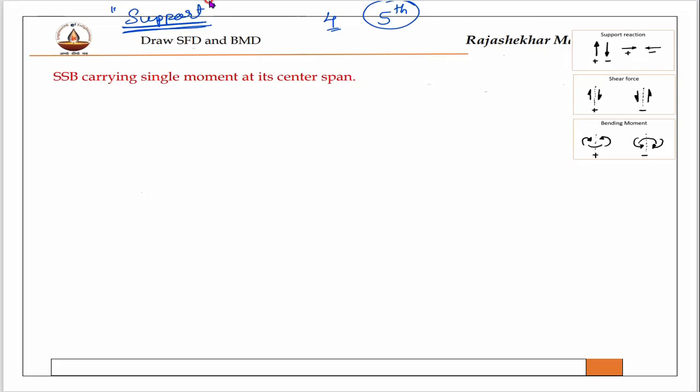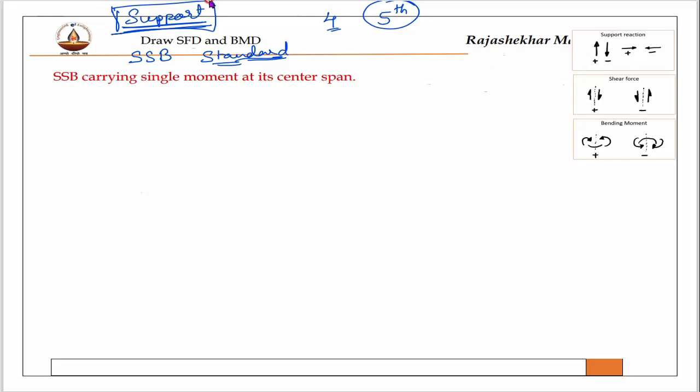But here we are discussing simply supported beams with standard loading. Here I may go very fast, skipping the support reaction point or taking advantage of the symmetry of the beam.